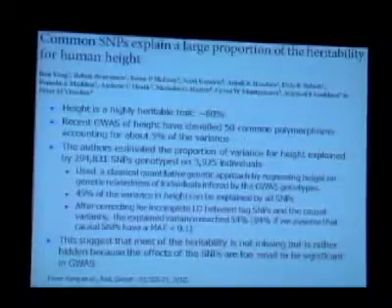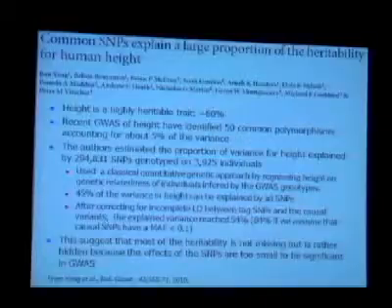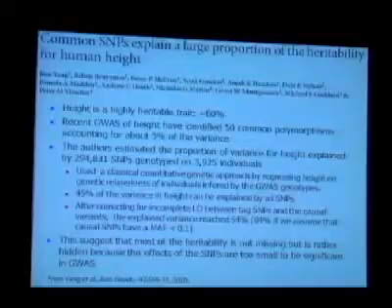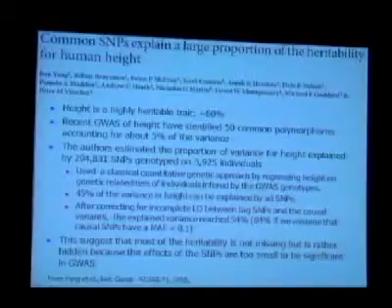So they were able to find that 45% of the variance in height can be explained by all these SNPs. So it's a big increase from the 5% of the variance explained by the GWAS previously published. And after correcting for incomplete linkage disequilibrium between the tag SNPs and the causal variants, the explained variance reached 54%.